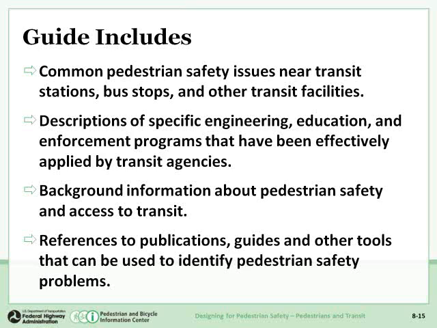So I'll just give a little bit more information in terms of what's in the guide. Here's basically these 4 elements to the guide. The first is common pedestrian safety issues are described in near transit facilities. We mentioned some of them briefly. Continuity and connectivity of the transit facilities to the rest of the pedestrian network is critical.